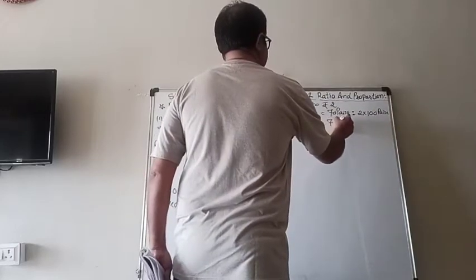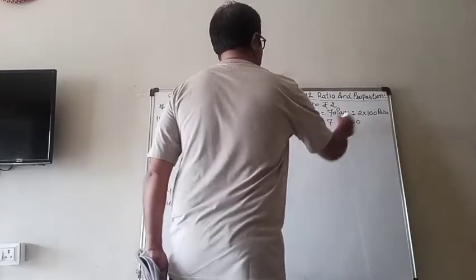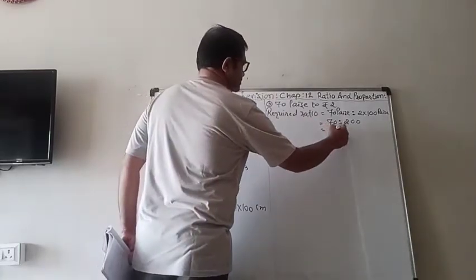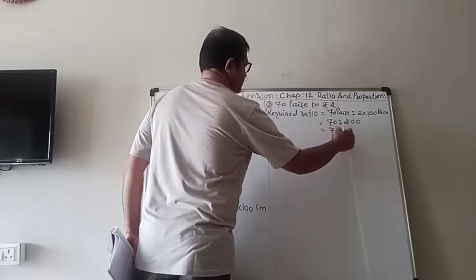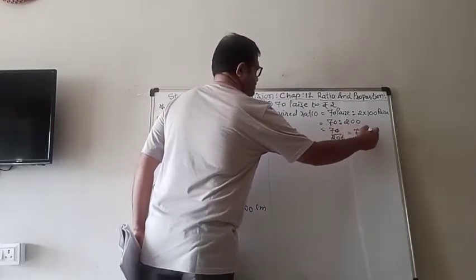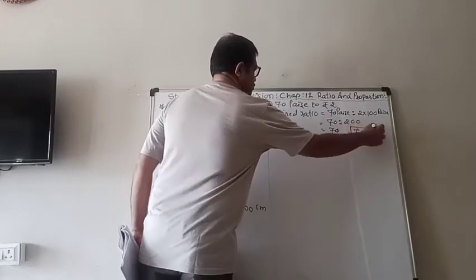So it is equal to 70 is to 200. That will be 70 upon 200. No cancellation. So the answer is 7 is to 20.